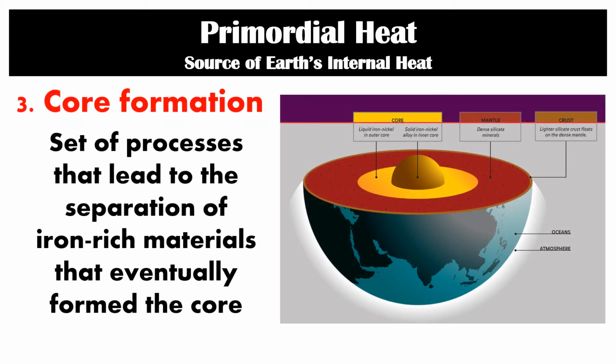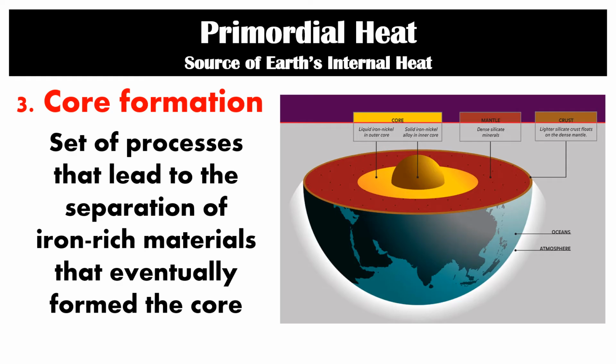Next is core formation. So the formation of our planet did not end with the accretion of materials. After the accretion, nagkaroon ng differentiation of materials. Sa madaling sabi, yung mga materials na magkakaparehas ng characteristics will join together. This is what happened during the formation of our crust and our core.